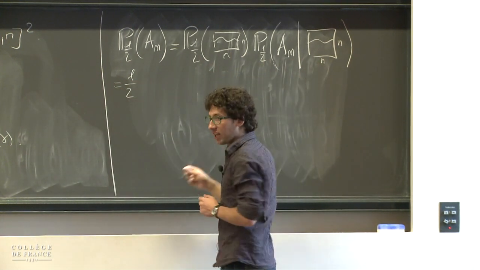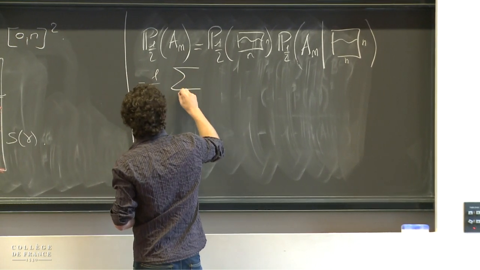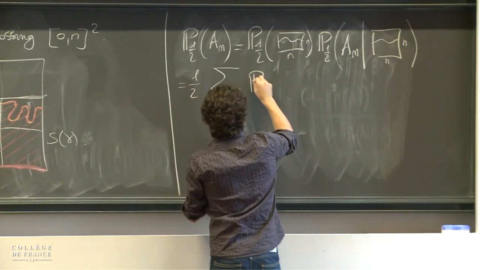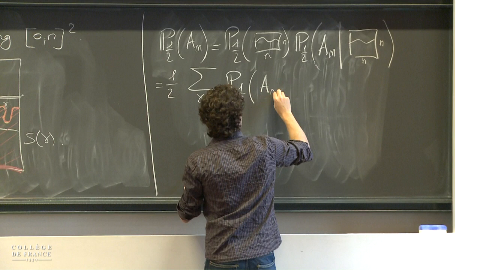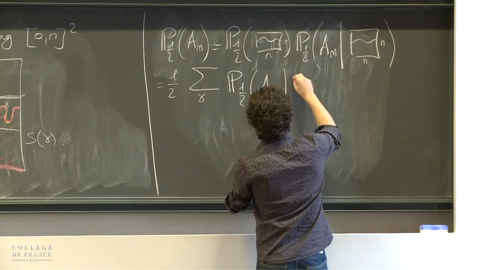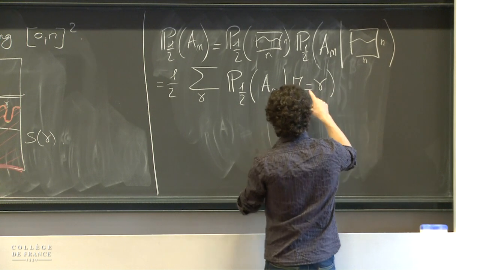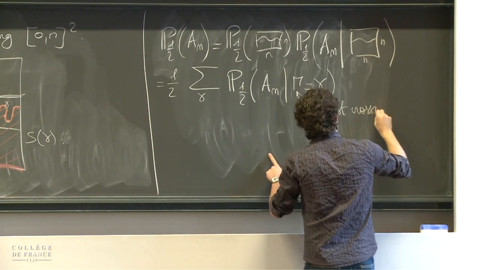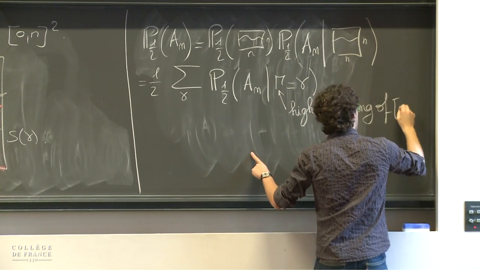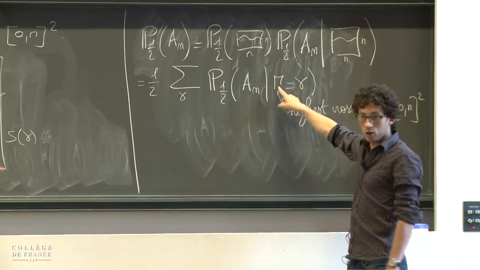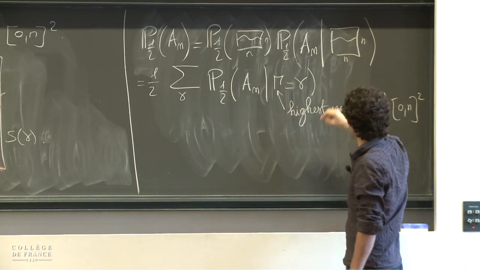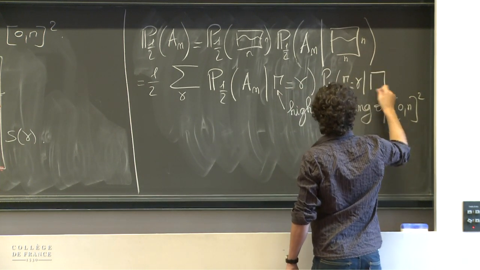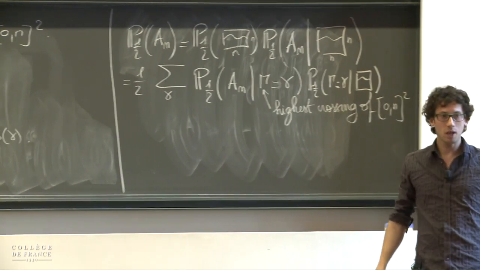And now this, I'm going to decompose with respect to every possible crossing of the box. I'm conditioning this time on the fact that capital Gamma is equal to gamma, where this is the highest crossing of [0,n] squared. Okay, so this is a random variable. I'm conditioning it to be equal to gamma, and then I have a probability at 1/2 of Gamma equal gamma, knowing that it crosses.